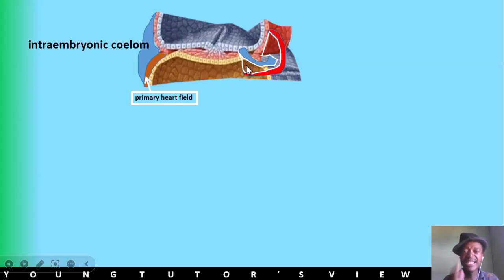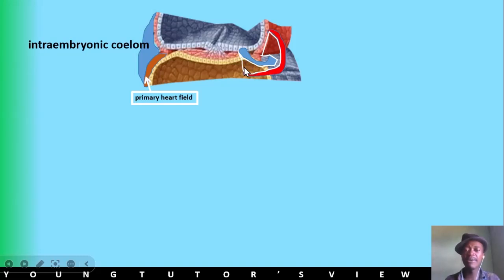So these cranial caudal foldings are making the heart, which was cranial, move to a position that is more caudal, and it's going to find itself in the thoracic region.